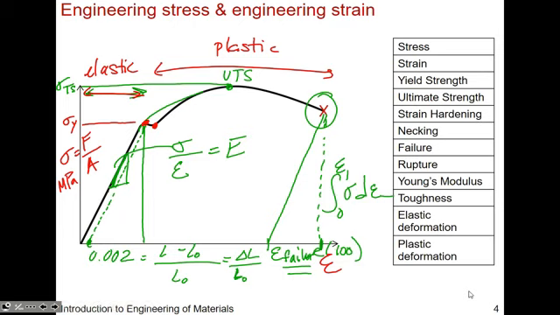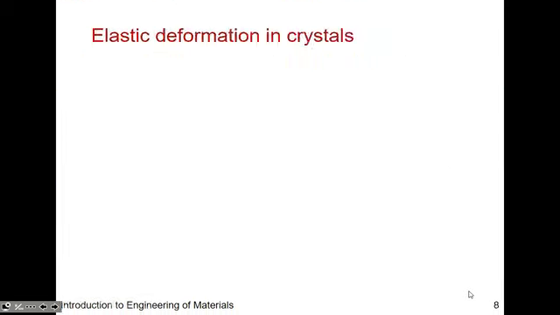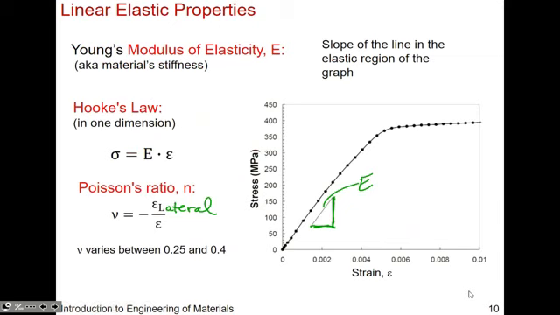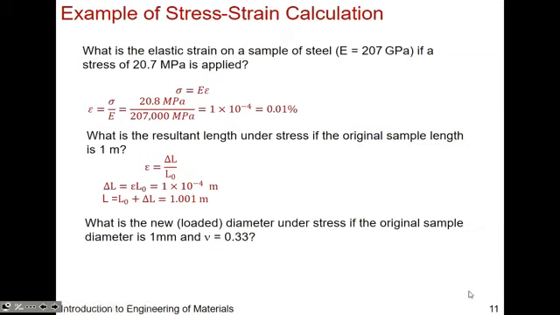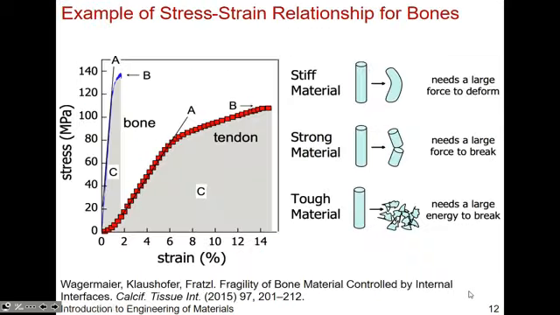Basically, when you've loaded your sample, applied the force, and now it's not recoverable. We'll talk a lot about that and how it actually enhances the strength of the material. So let's go in depth. Okay, so all that should have been updated.